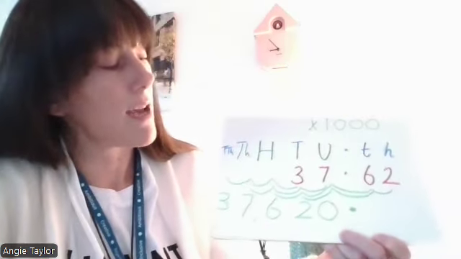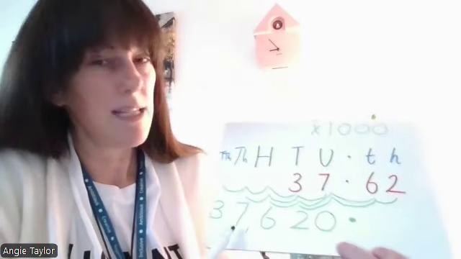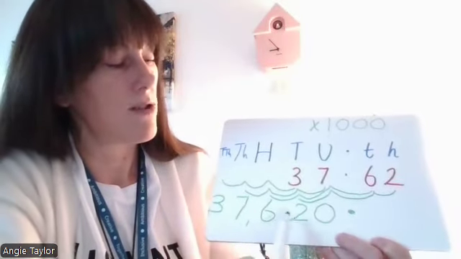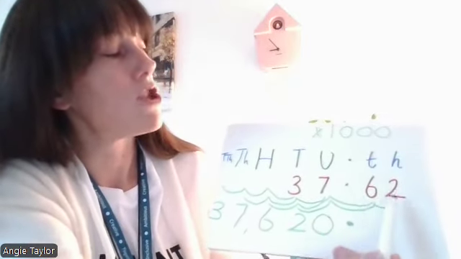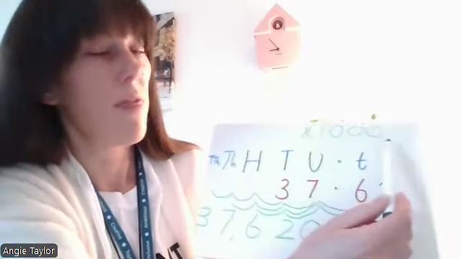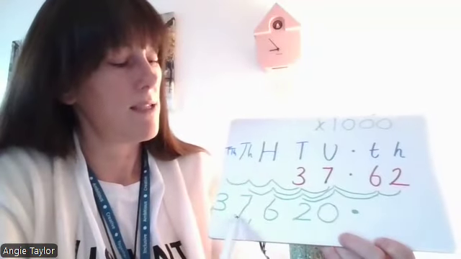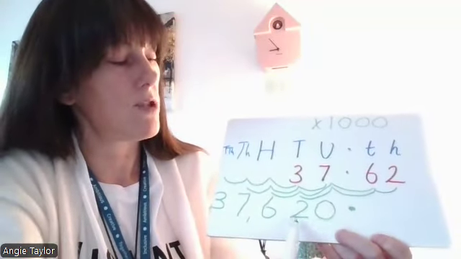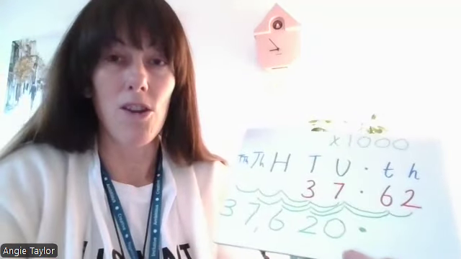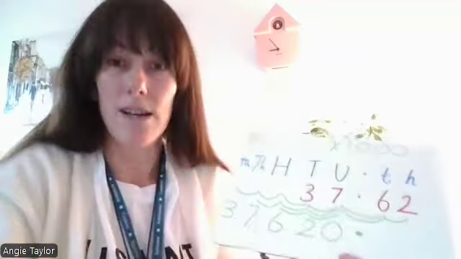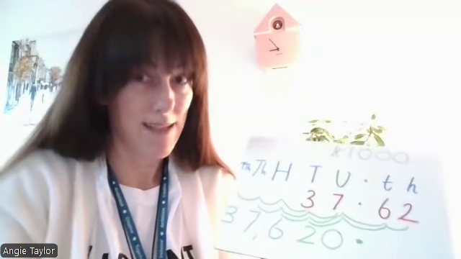So now we can read our answer as 37,620. So 37.62 times 1,000 is 37,620.